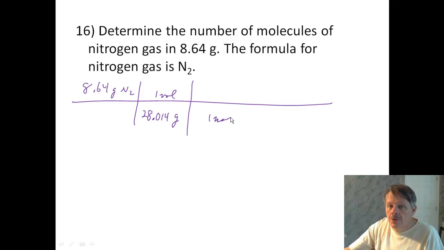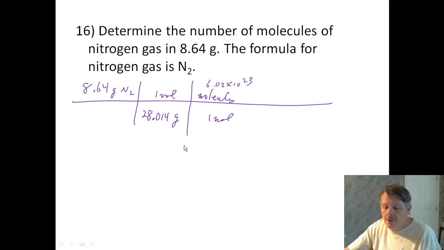And now we can get rid of moles again, and we can go to molecules. And that's 6.02 times 10 to the 23rd. That Avogadro's number just keeps coming up. And our answer is going to be 1.86 times 10 to the 23rd molecules of N2 gas.